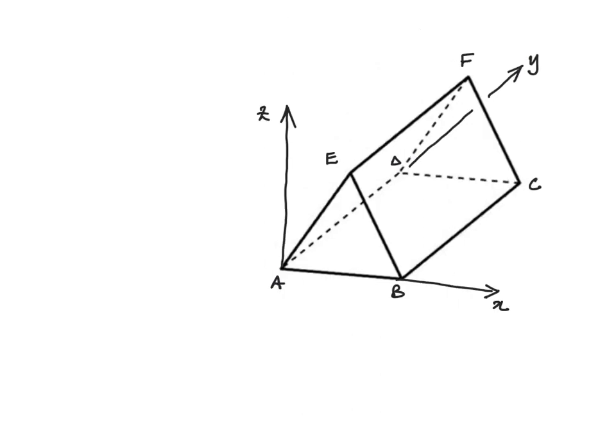Third example, what we have here is a triangular prism. And I'm going to give you the coordinates of this point here, point C. That's 4, 8, 0.